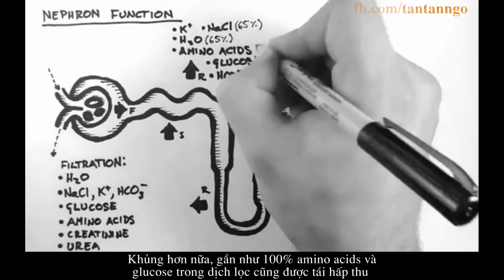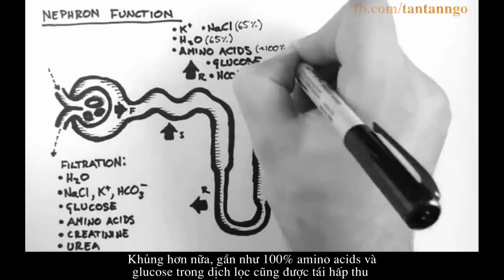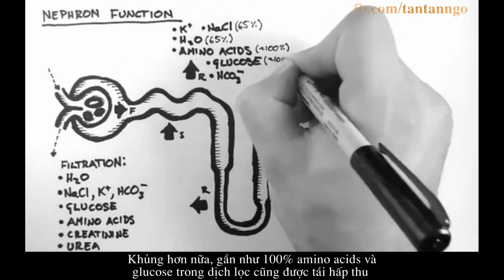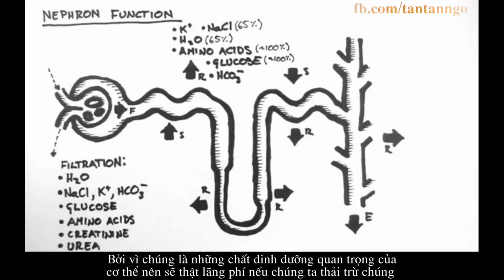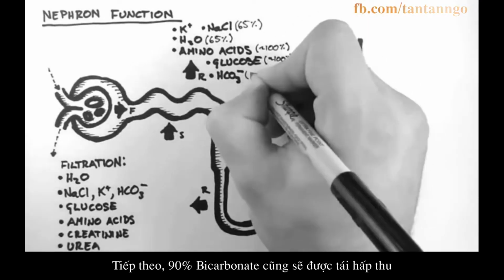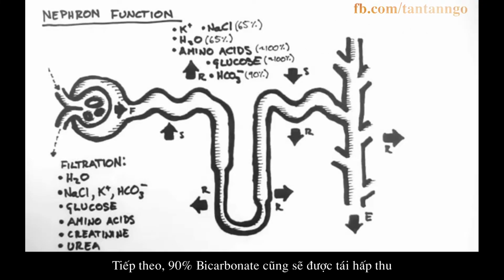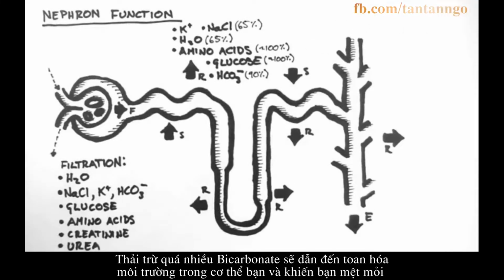Furthermore, about 100% of the amino acids and glucose that were filtered are reabsorbed because these are important nutrients for the body, and it would be wasteful to excrete them. And also 90% of the bicarbonate gets reabsorbed. Excreting too much bicarbonate would cause you to become very acidotic and therefore very ill.